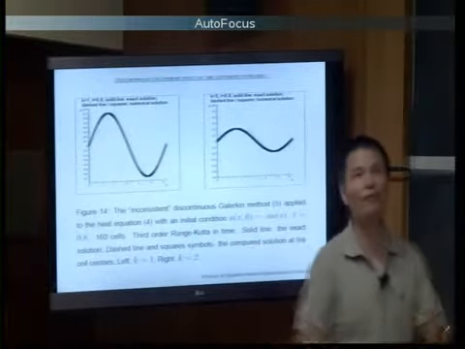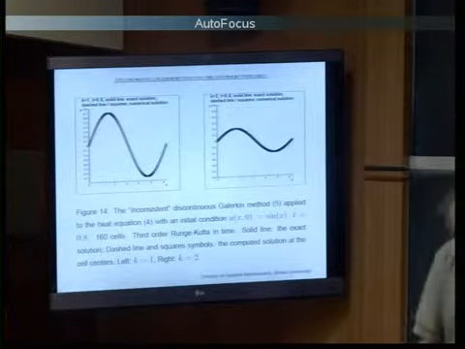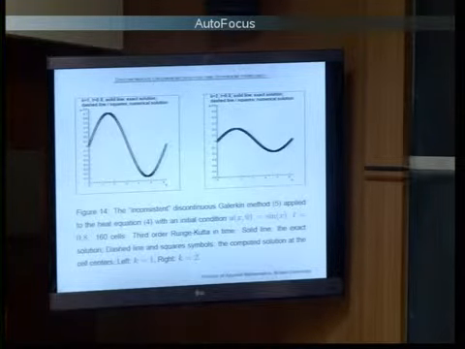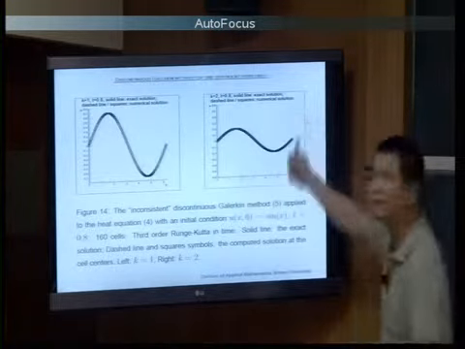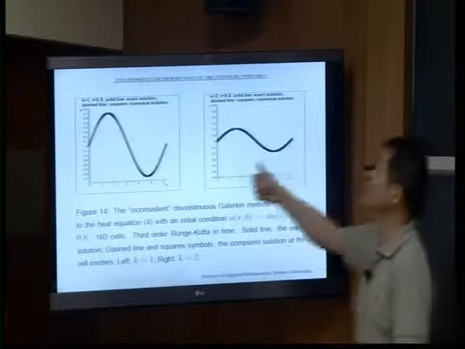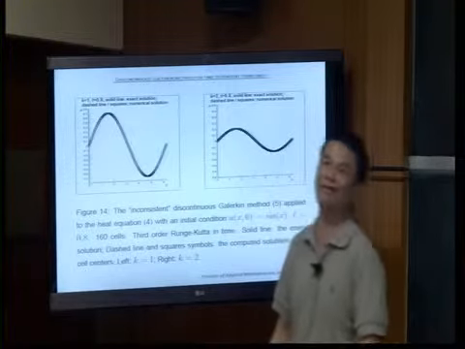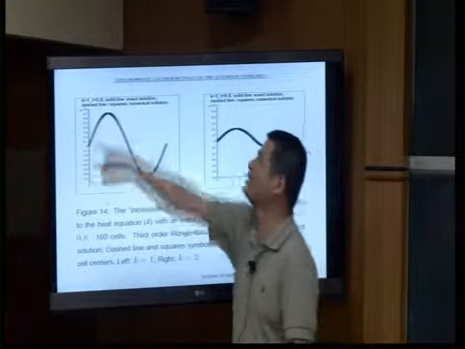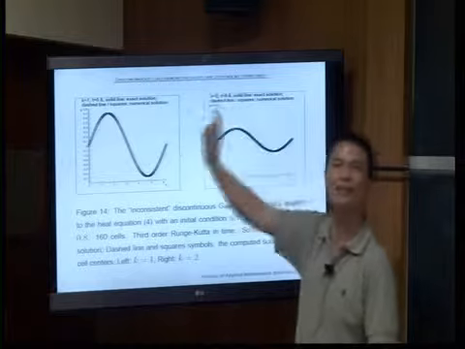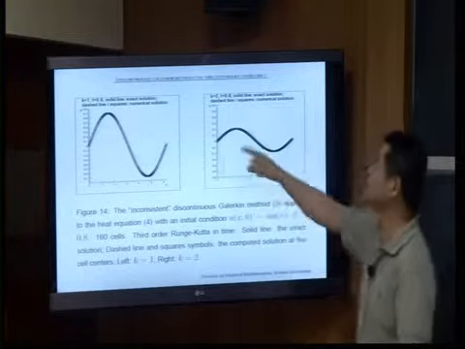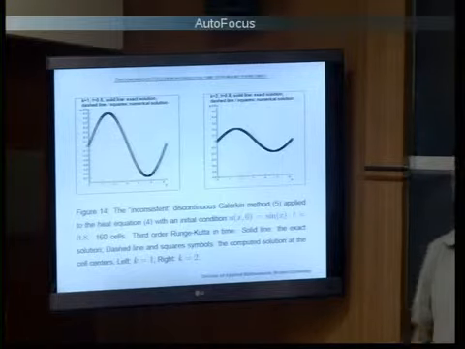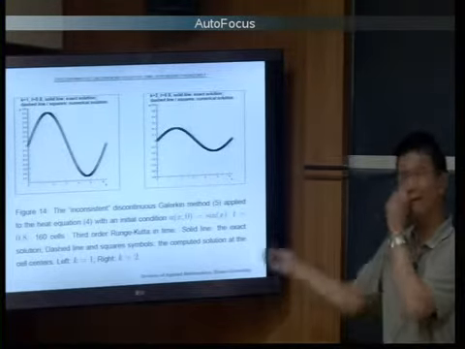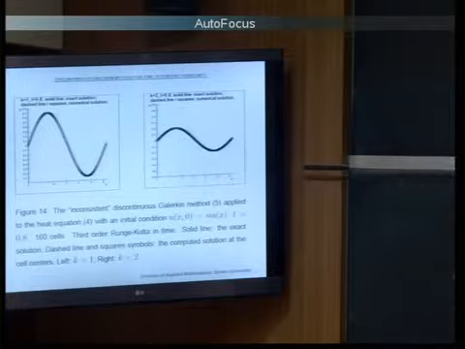Right? They have roughly the same shape, but the height is very, very different. And for k equals 1, which is piecewise linear, k equals 2, which is piecewise quadratic, they also behave differently. For example, for k equals 1, the computed solution is taller than the exact solution. For k equals 2, the computed solution is shorter, is more damped than the exact solution. So this is really troublesome, right?